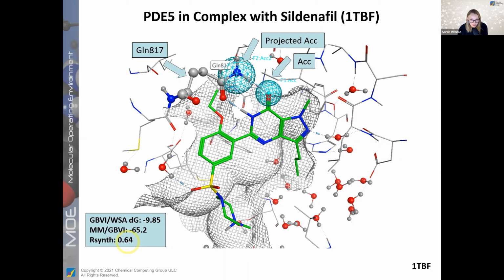Now, the final thing to point out before I move to the next slide is the shape of the pocket. So the gray mesh you see is our interaction surface. And the interaction surface indicates where your ligand atoms should be placed. So you should focus on placing your ligand heavy atoms on this mesh, because when they are in the mesh, it indicates that they are in a good distance to make interactions with the protein.